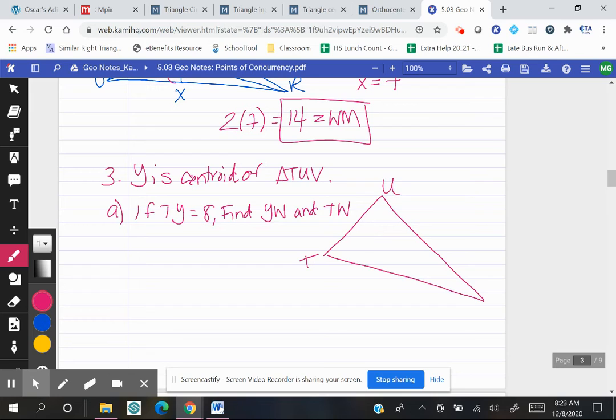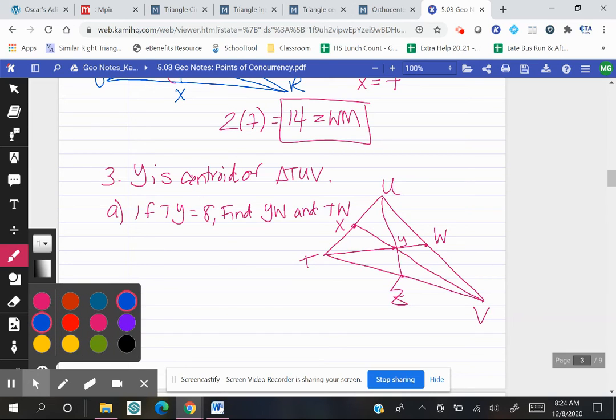Here's your picture, TUV, and obviously not drawn to scale, but all straight lines. All right, and they meet at Y.